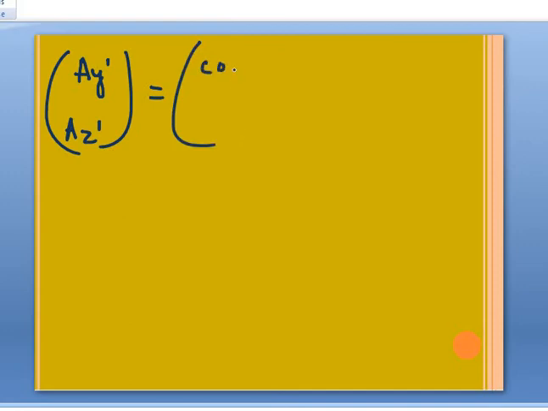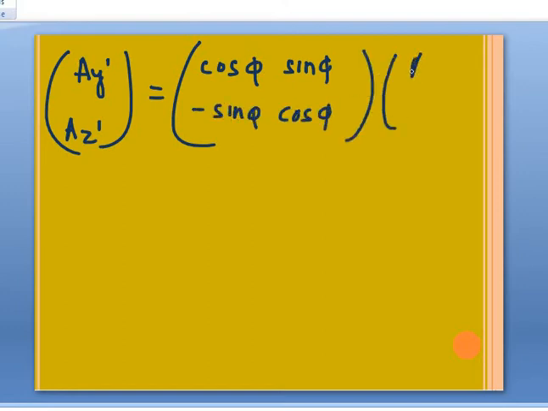Now, when we write it in terms of a matrix form, what can you write? You can write ay prime, az prime in a column matrix. You can write it as cos phi, sin phi, minus sin phi, cos phi, times ay, az.